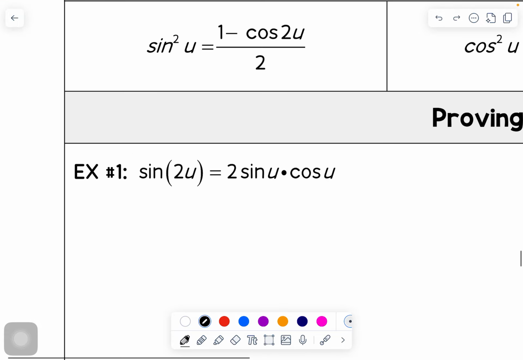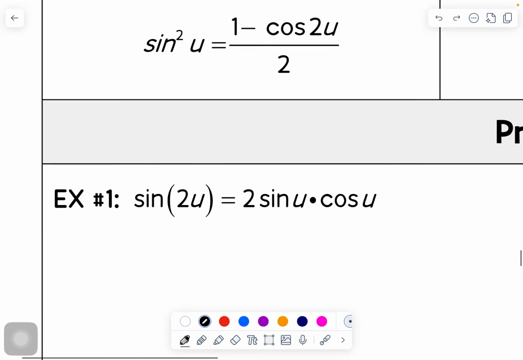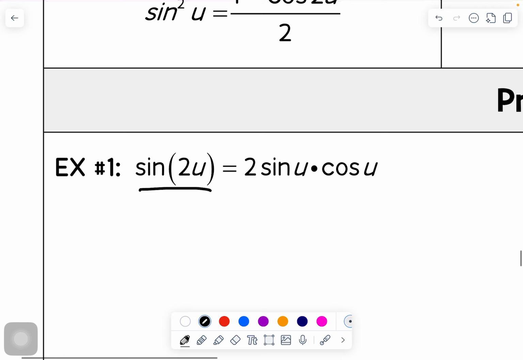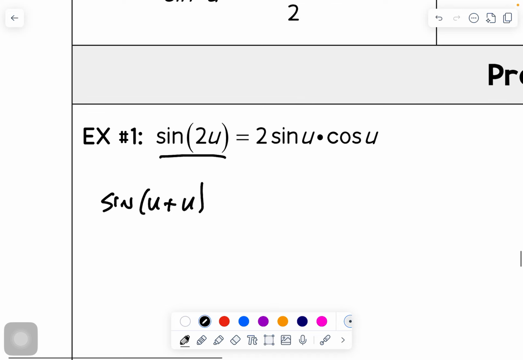So here's where the double angle identity comes from, at least for sine. It's an easier one to prove. We would all agree here that the sine of 2u could be written as the sine of u plus u, right? And we just did the sum identity for sine. What's the sum identity for sine? We'd have sine of u, cosine of u, adding that to the cosine of u, sine of u.